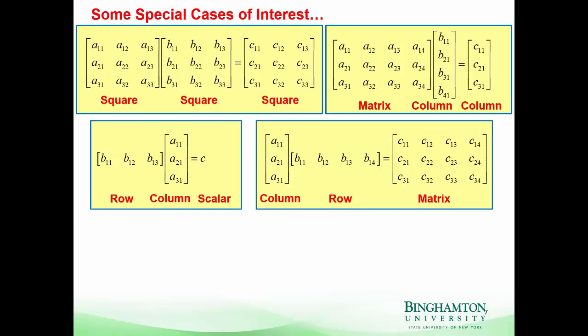So again, if A and B are column vectors, so we have some column vector A and some column vector B, we can end up with a matrix by saying A times B transpose. And so that will give us a matrix.